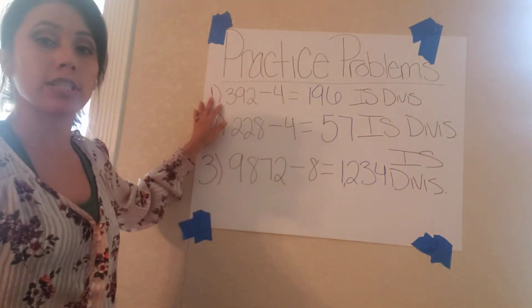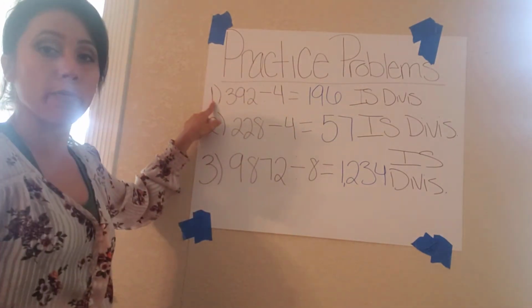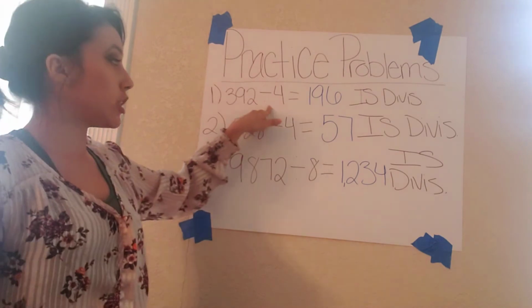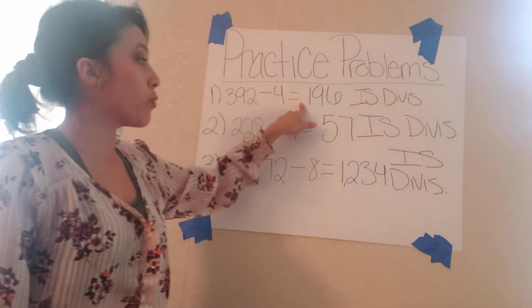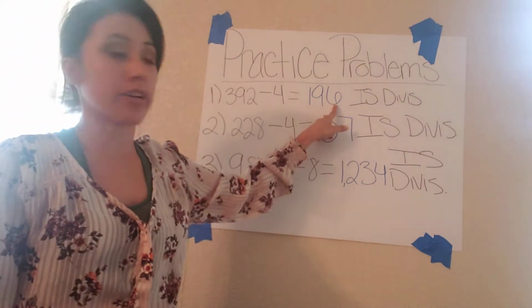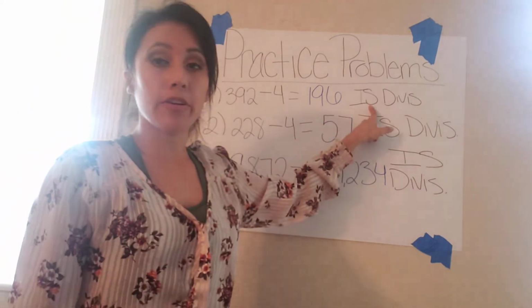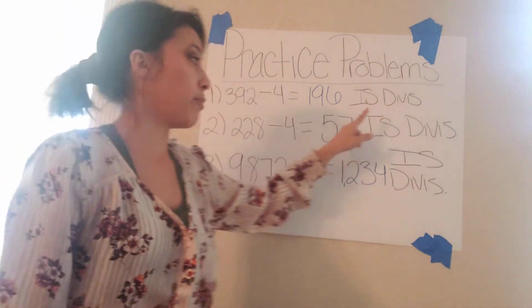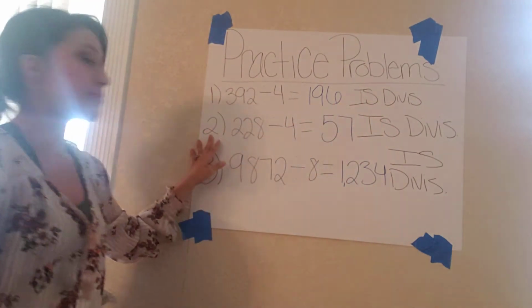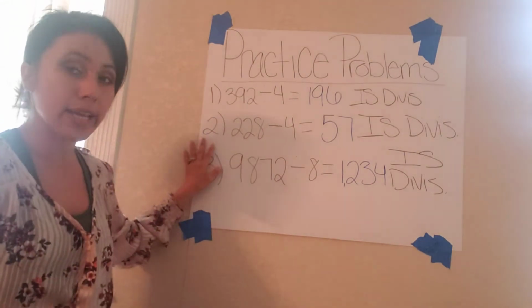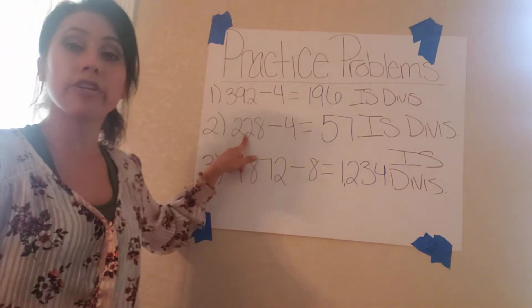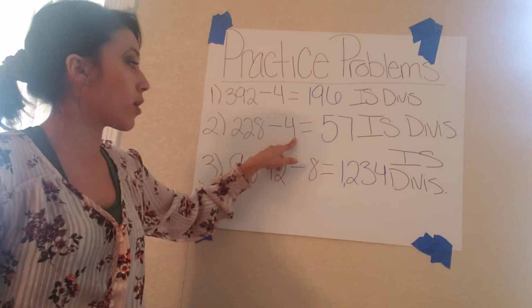So the first practice problem I gave you was 392 divided by 4, and group 1 said the answer equals 196, and the other group said it is divisible by 4. Okay, and the second problem was 228 divided by 4.